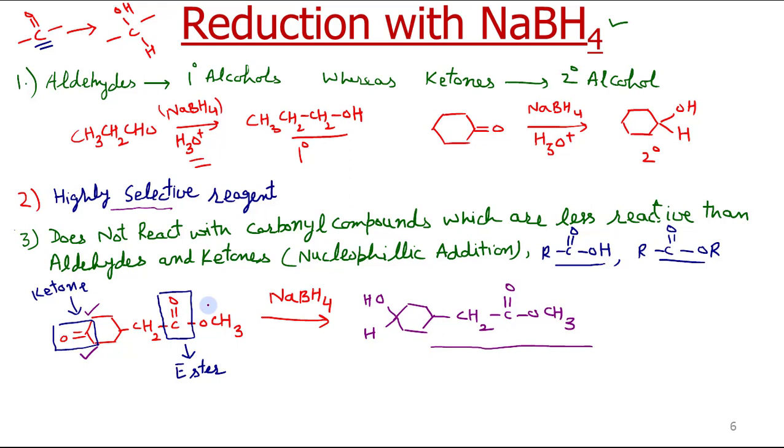Why esters are less reactive than aldehydes and ketones is another very interesting question, but I will answer it when we study carbonyl compounds. Just now you have to remember that carboxylic acids and esters are less reactive than aldehydes and ketones towards nucleophilic addition reaction, and out of aldehydes and ketones, aldehydes are more reactive towards nucleophilic addition reactions.